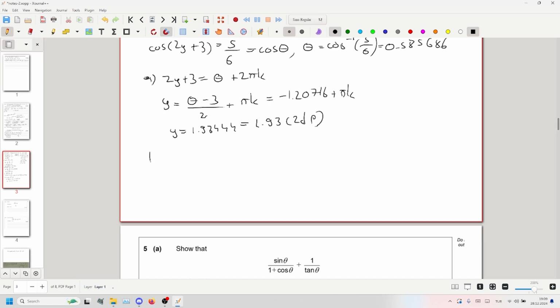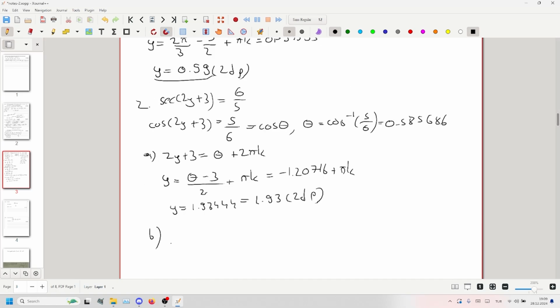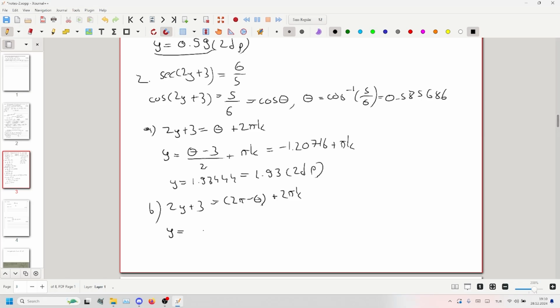1.93 to 2 decimal places. Okay, now the second solution we can get from this is that 2y plus 3 is equal to 2 pi minus theta plus 2 pi k. So from this we get that y is equal to 2 pi minus theta minus 3 divided by 2 plus pi k. Let me put that into my calculator.